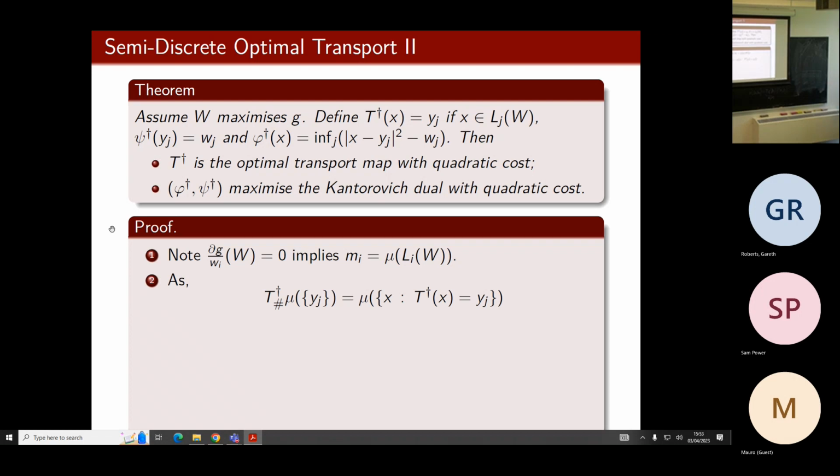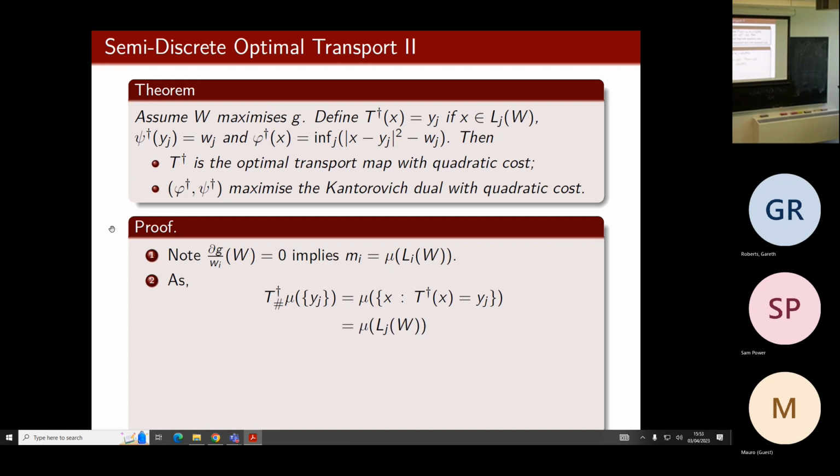If I now look at the push forward of mu under T dagger at the point yj, this is a measure on my space Y. It's the measure under mu of the set of x such that T dagger of x is equal to yj.